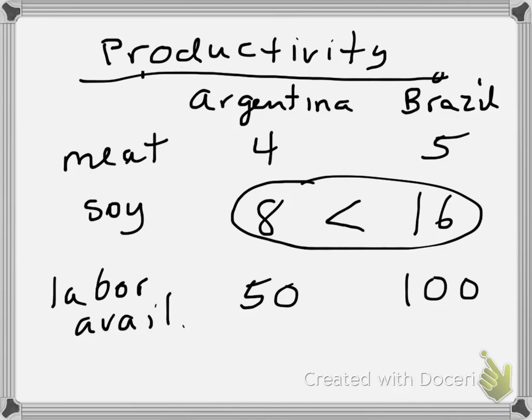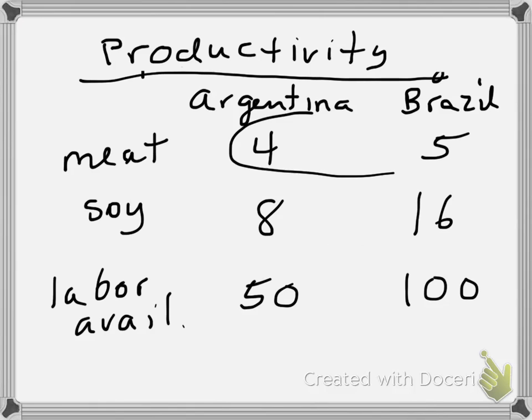A person in Argentina produces only half of what a person in Brazil can produce, whereas in meat Argentina is worse than Brazil, but not so much worse. And so we get that Argentina has a comparative advantage in meat production. Brazil has comparative advantage in soy production.